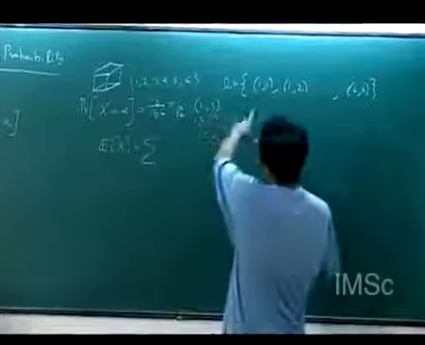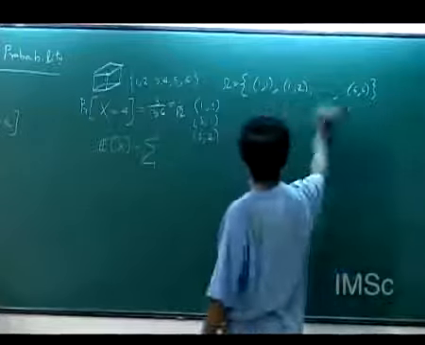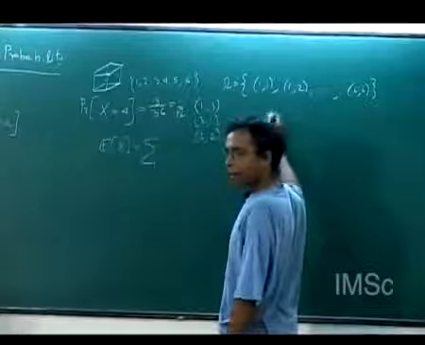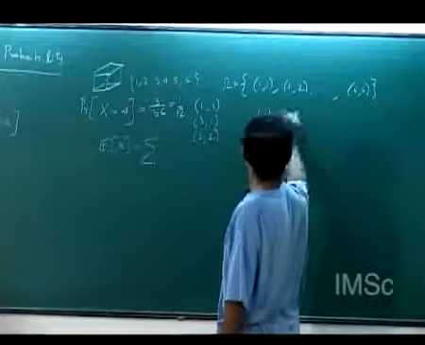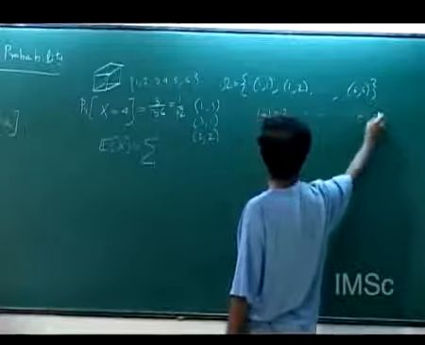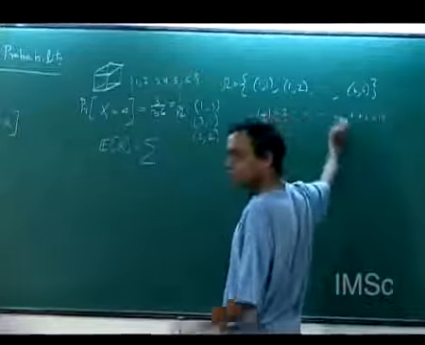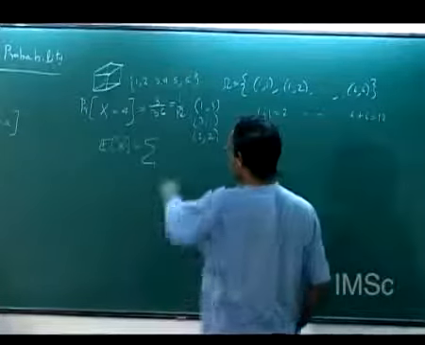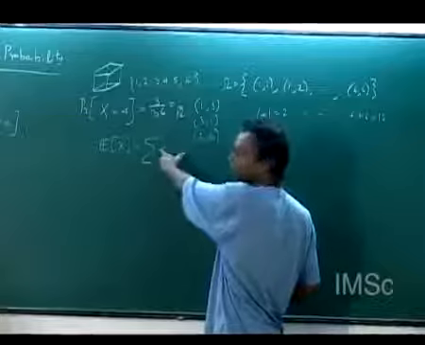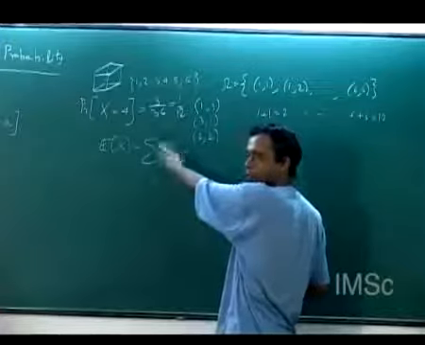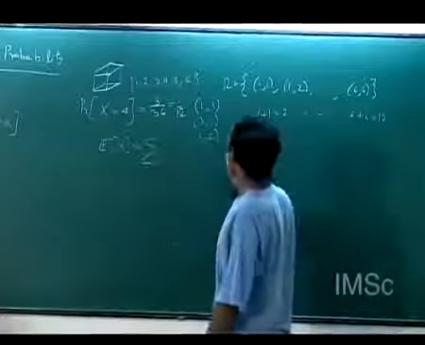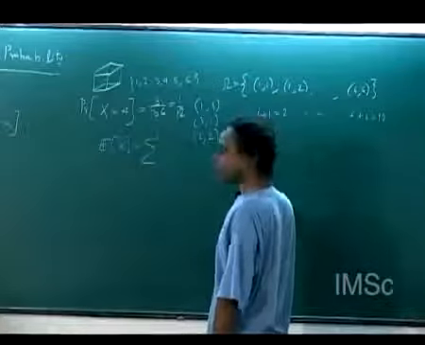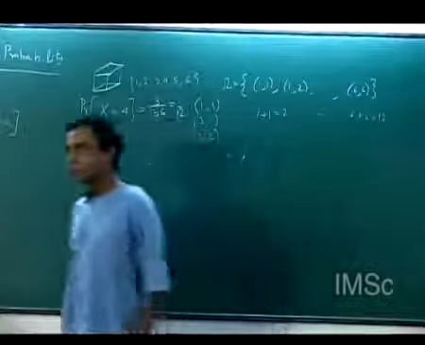There are a total of 11 possible sums, right? 1 plus 1 is 2 and 6 plus 6 is 12. So there are a total of 11 possibilities, and you have to estimate the probability of each possibility and multiply it by that value, and if you compute it, if I remember correctly, it comes to 7. You can check that.